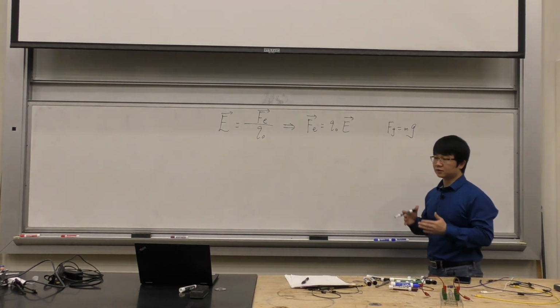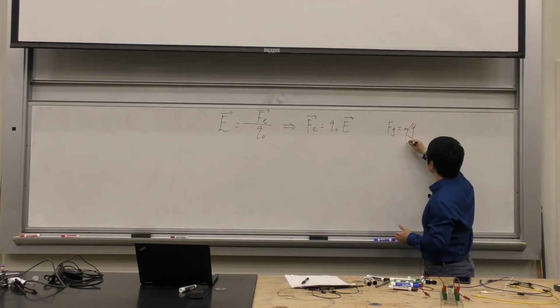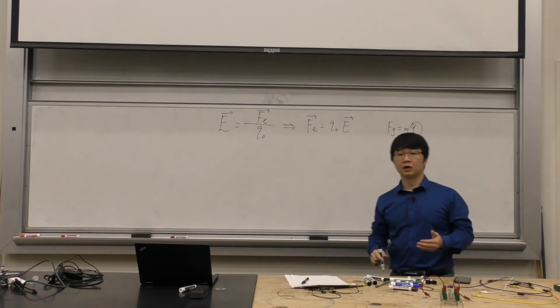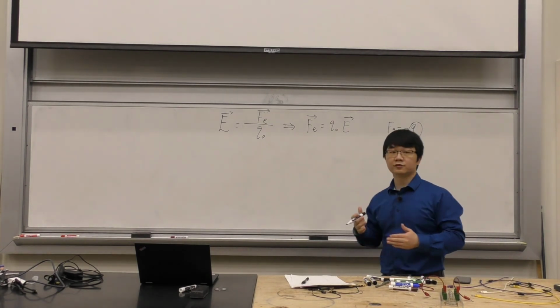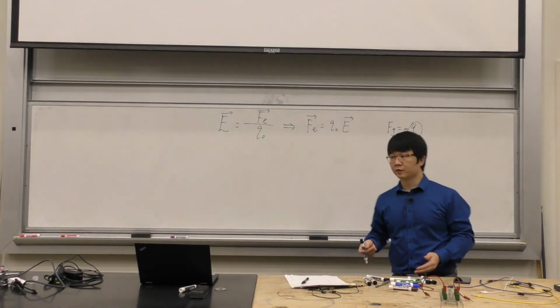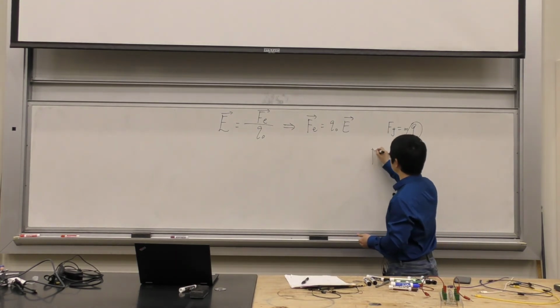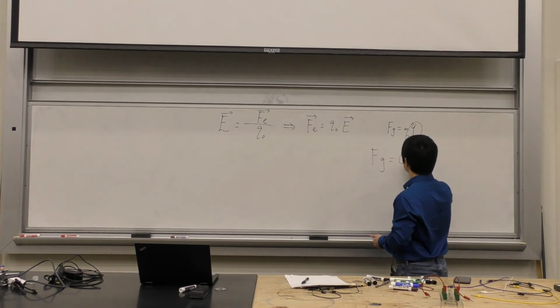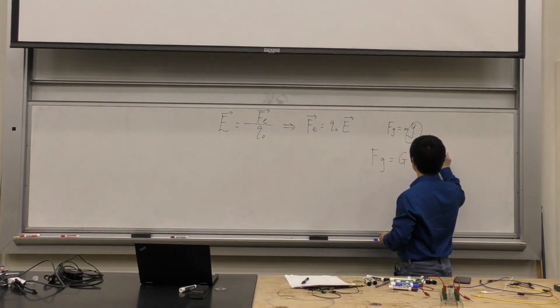But of course, I still need a theory to find this little g, this gravitational field created by the Earth, right? Our theory, what is the fundamental theory? The fundamental theory is actually this law discovered by Newton, right?